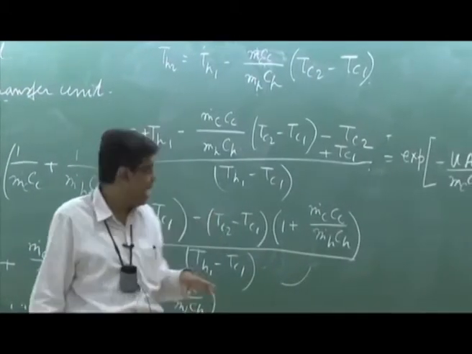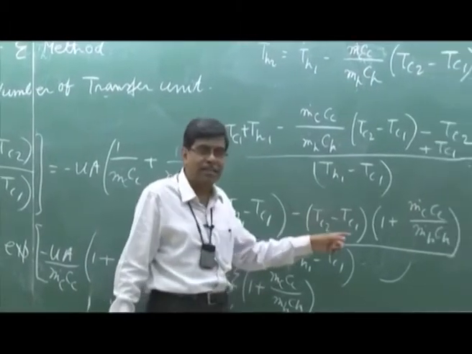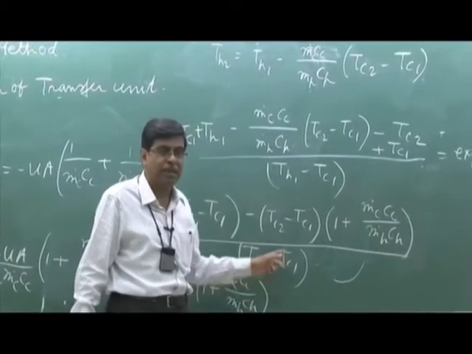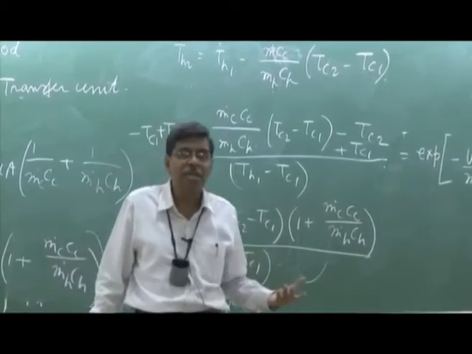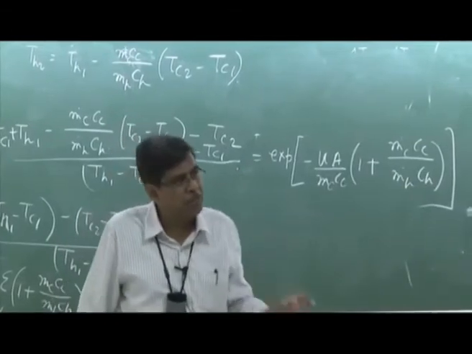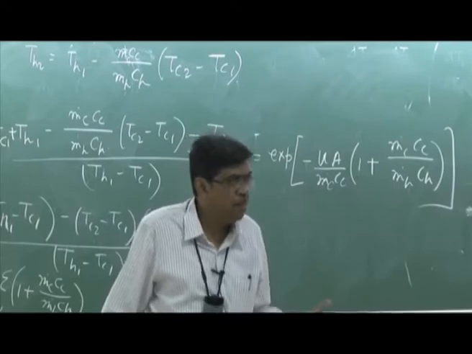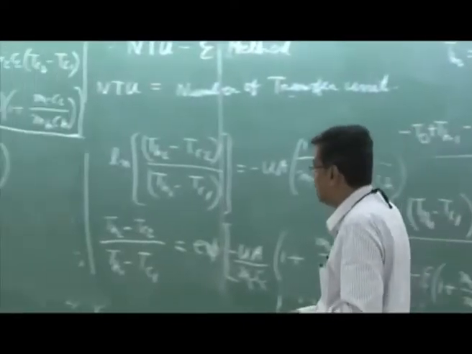And in that case I will use the definition of epsilon as TH1 minus TH2 divided by TH1 minus TC1. Because the definition of epsilon is the change of temperature for the minimum fluid over the maximum change of temperature available in the heat exchanger.